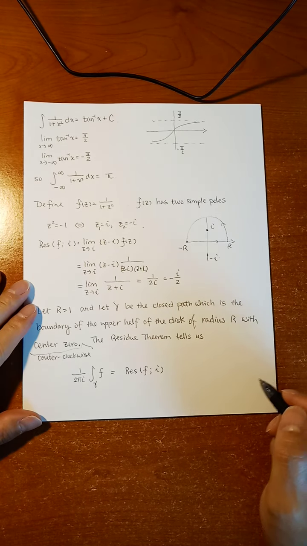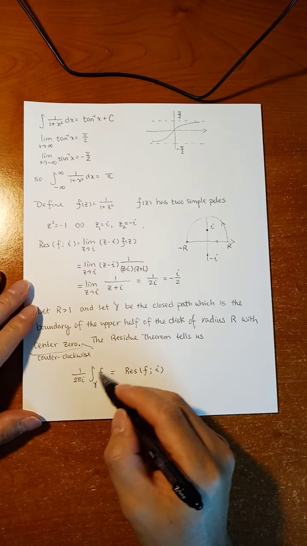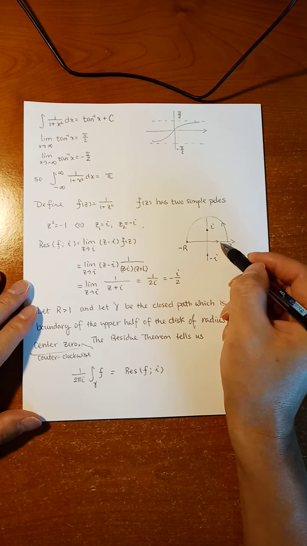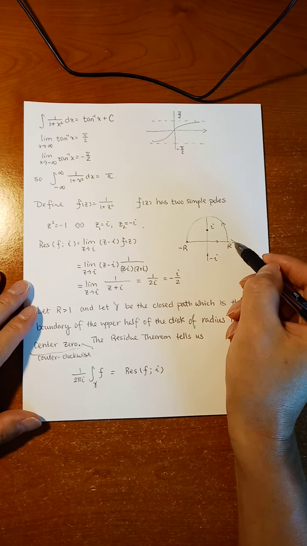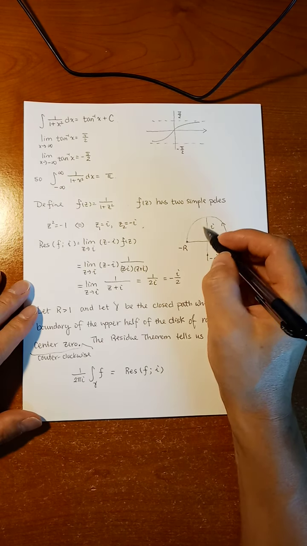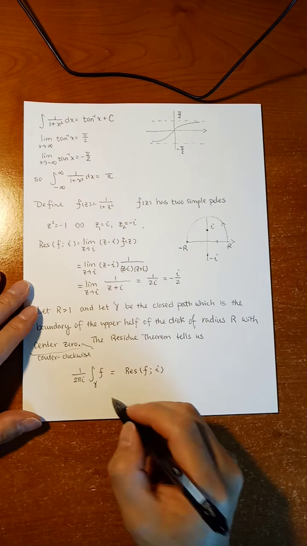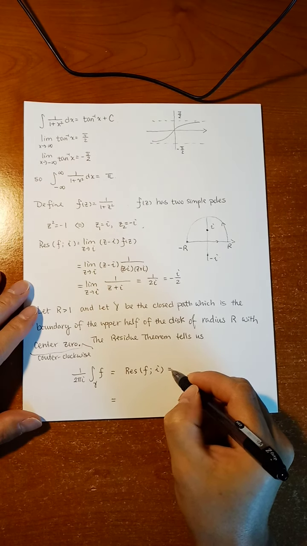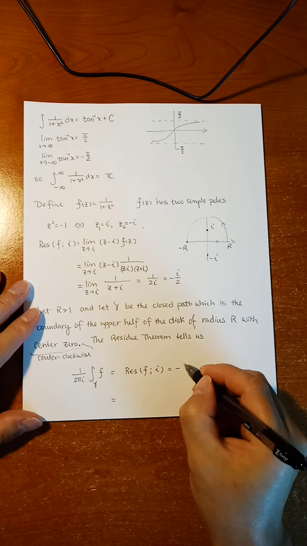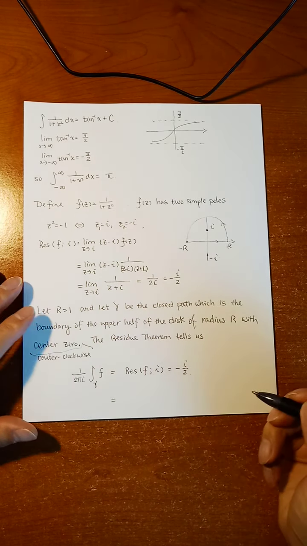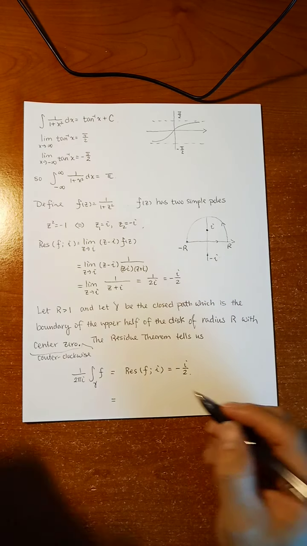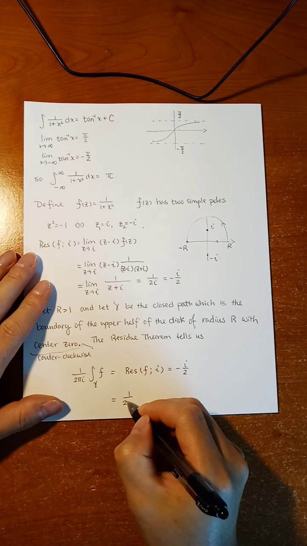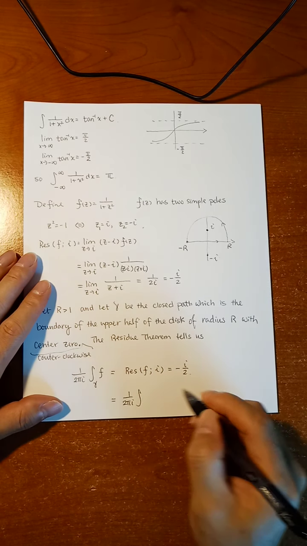This integral has two pieces. One piece is along the x-axis, the other piece is along the semicircle. The residue is negative i over 2.